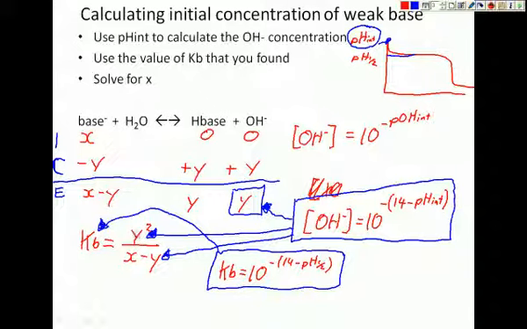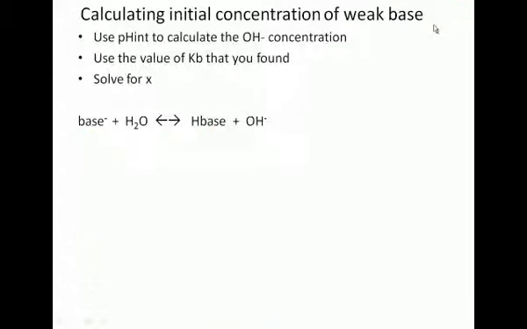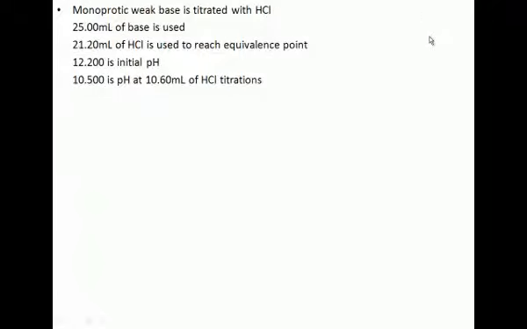Now that we know the basics of how to calculate initial concentration and Kb, let's do a question where we can do it all. Here it is. A monoprotic weak base is titrated with HCl. 25 milliliters of the base is used. Let's draw a little graph up here.